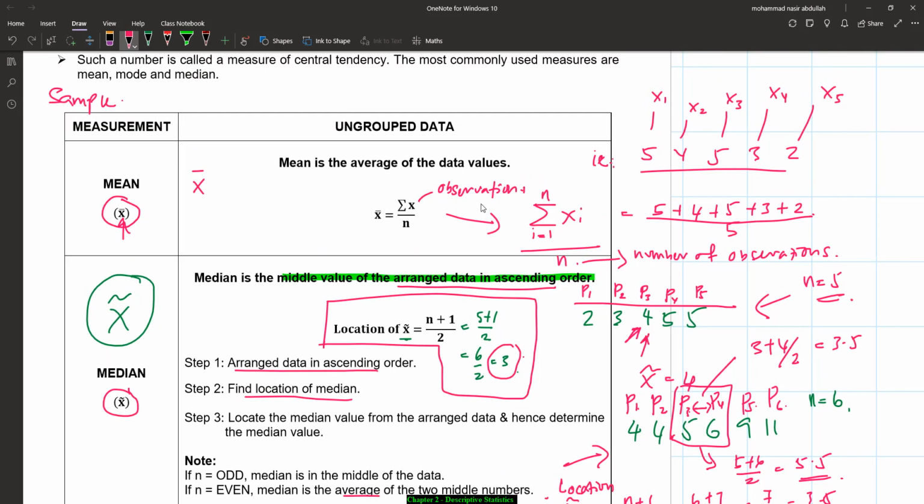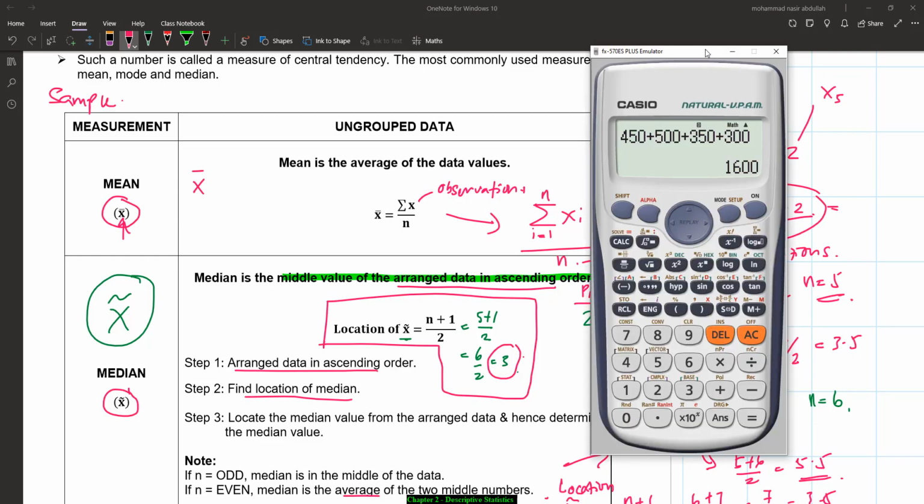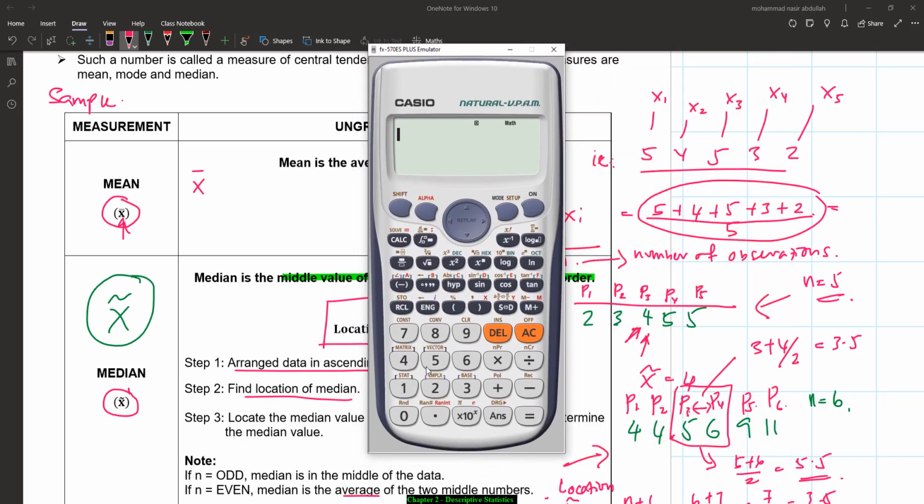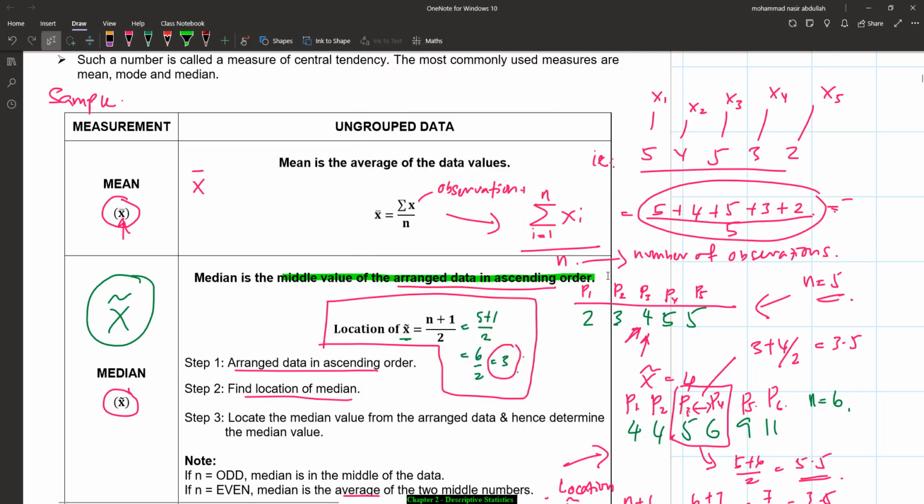Earlier with the mean, we didn't really touch on how to interpret it. Let's compute the mean first: 5 plus 4 plus 5 plus 3 plus 2 is 19, divided by 5, which is 3.8.